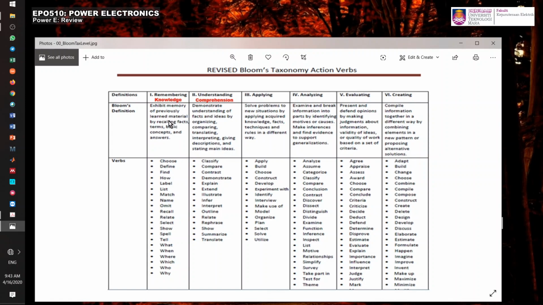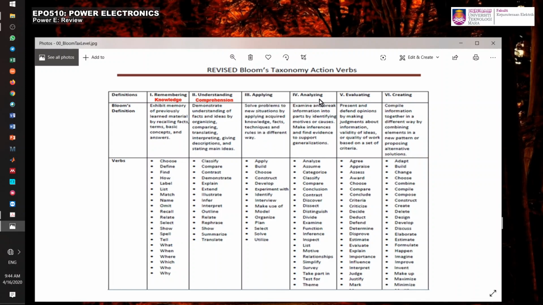Then the second level is understanding, or comprehension. At this level, you can explain the operations, rather than just memorize the name of the rectifier. Then you move into level number 3, applying, whereby you can solve problems in new situations by applying acquired knowledge. Once you understand, you can apply your understanding in solving problems.